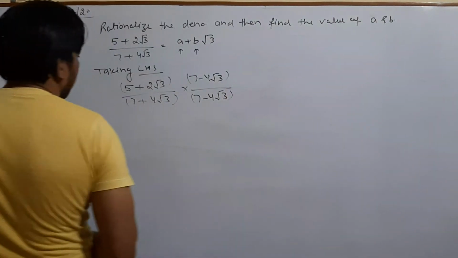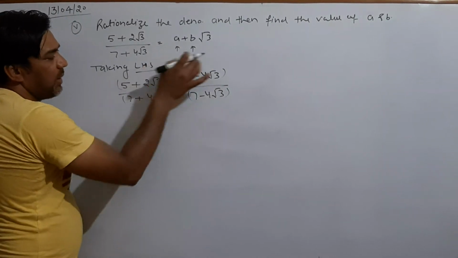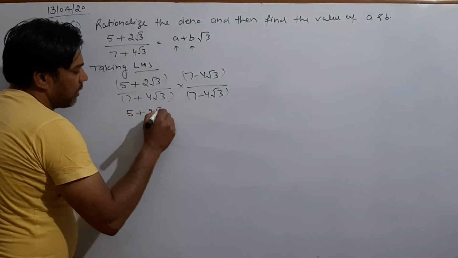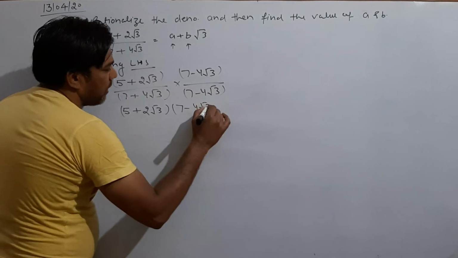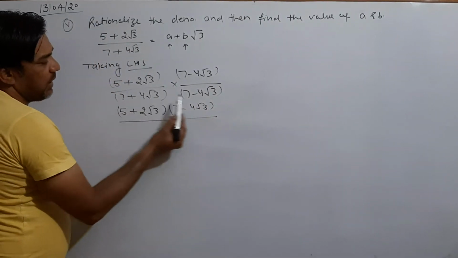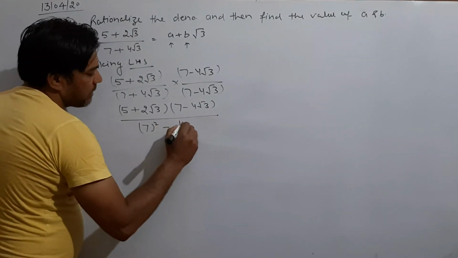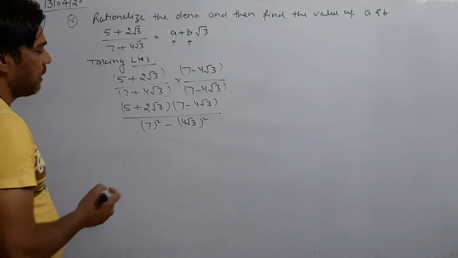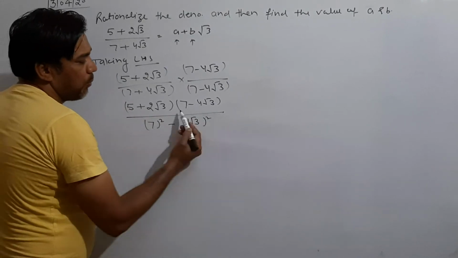So now, in this manner, numerator multiplied with numerator, that means 5 plus 2 under root 3 multiplied by 7 minus 4 under root 3 upon, again, this is a plus b and a minus b, which is equal to a squared minus b squared. Right?